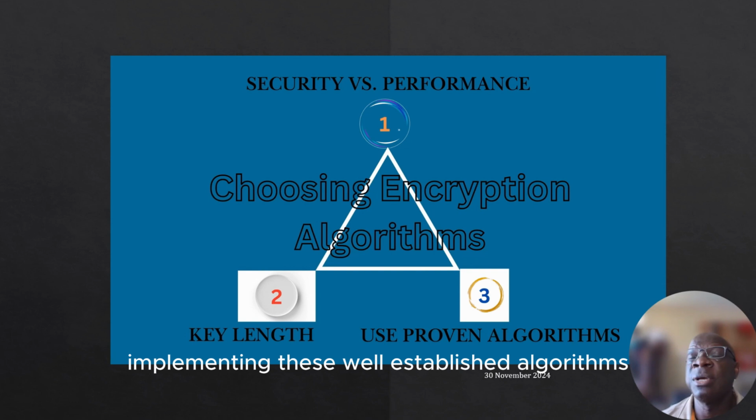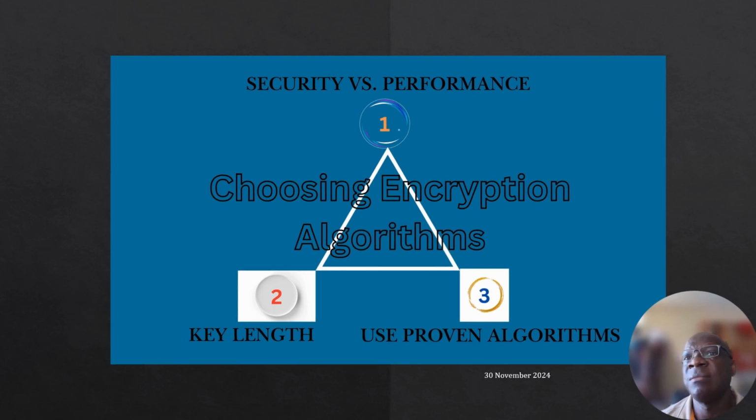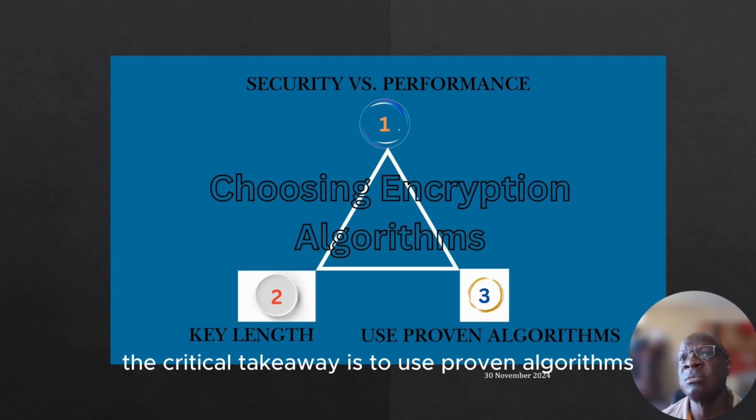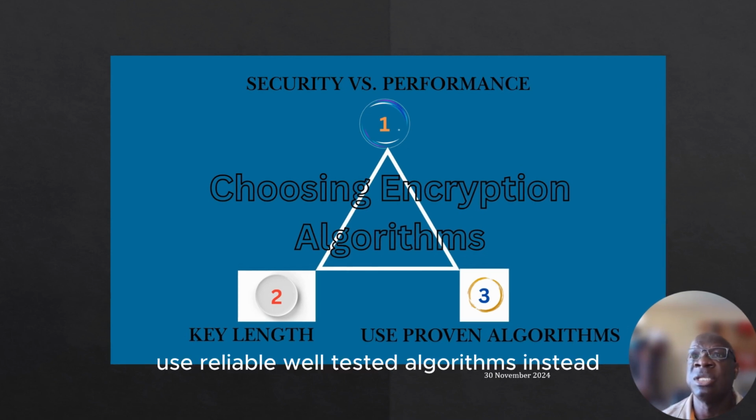Implementing these well-established algorithms helps ensure the protection of sensitive data. Again, the critical takeaway is to use proven algorithms and to avoid creating your own. Use reliable, well-tested algorithms instead.